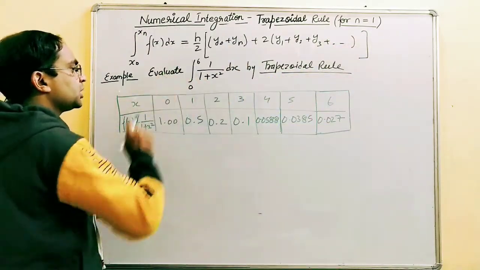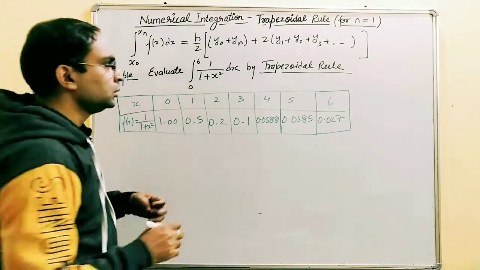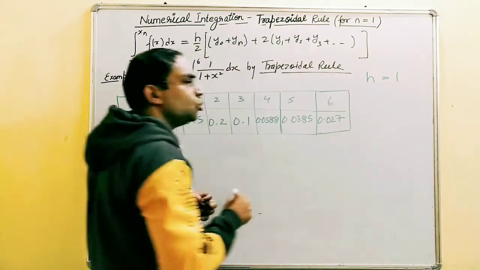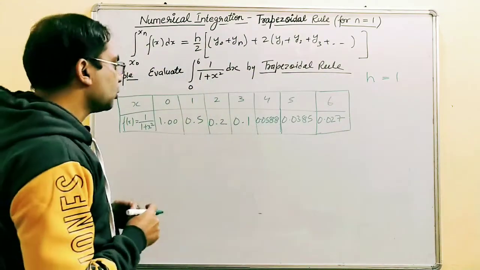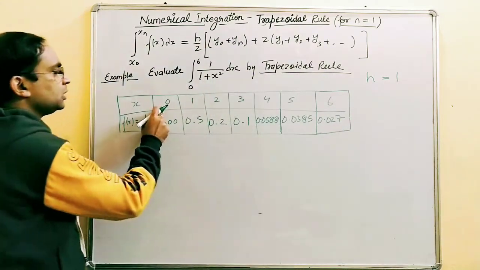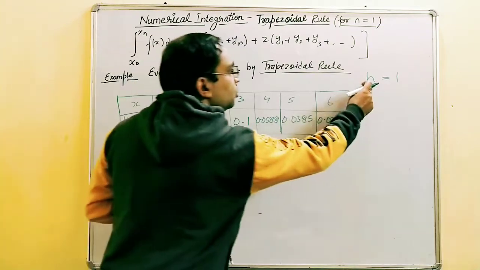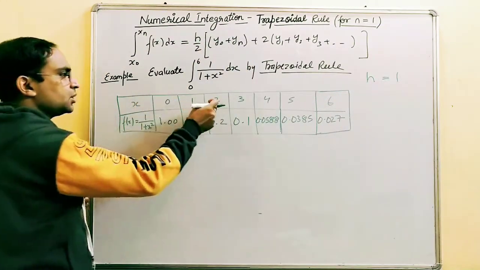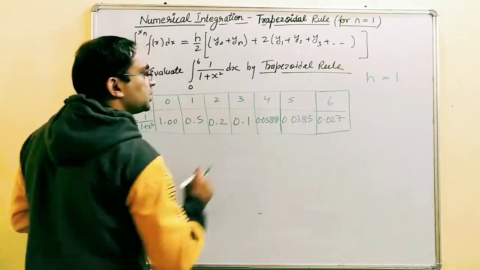Now from 0 to 6, let's say we decide to take h, the interval, equal to 1. So the first value will be 0, then according to h is equal to 1, the next value will be 1. Next is 2, 3, 4, 5 and 6.